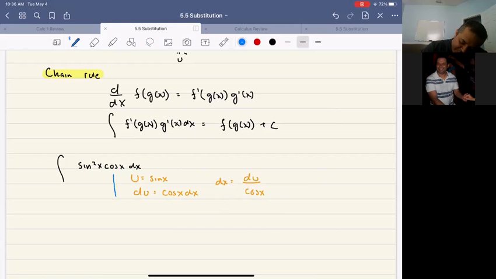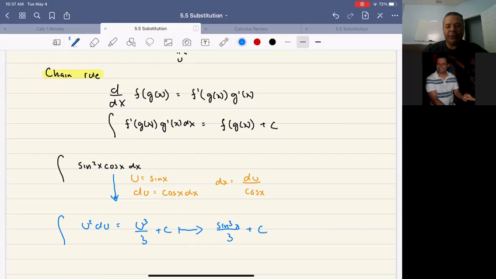I think about putting my integral through my replacement, and my integral becomes, now sine is u, so we've got u squared du, and that's just going to be u to the third over 3 plus c. Now I have to go back into my original, so I get sine cubed of x over 3 plus c.